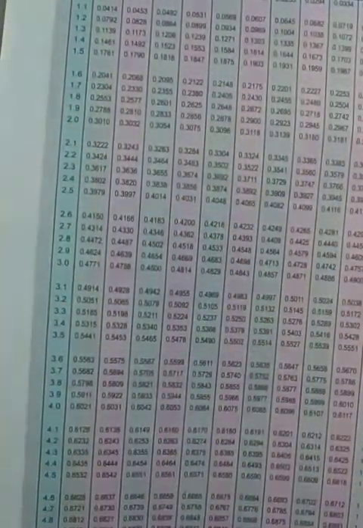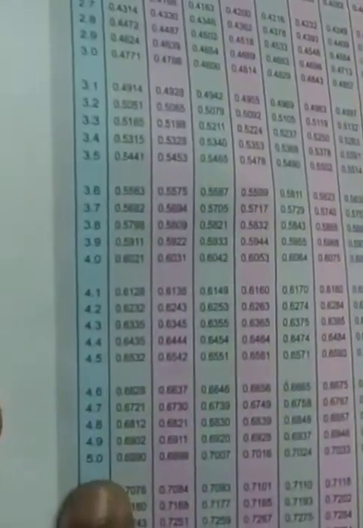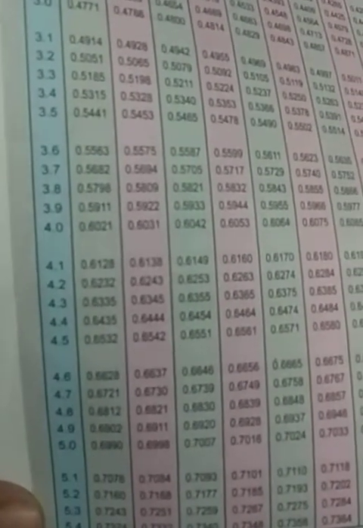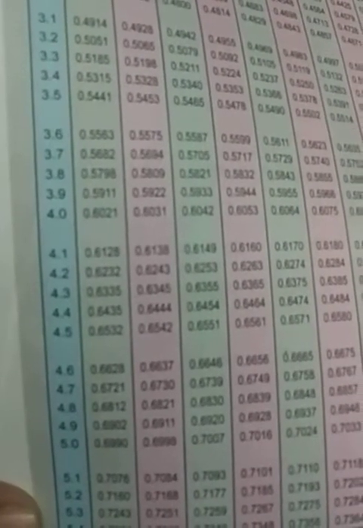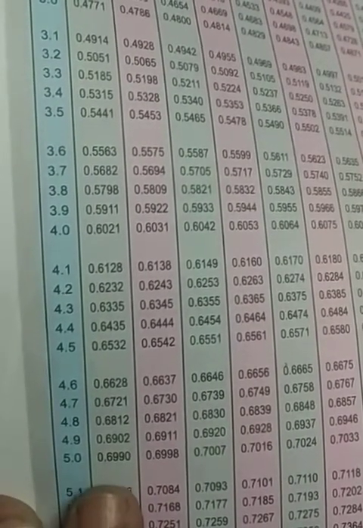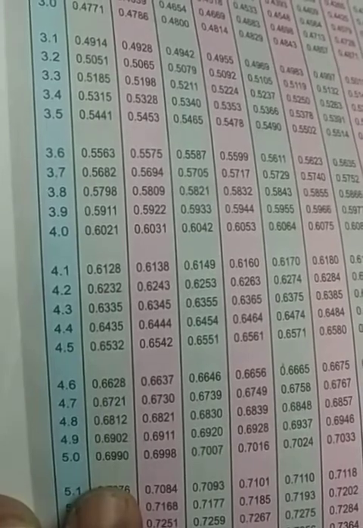Here it is, I will zoom a little. You can see the value is 0.6990. That I will write.